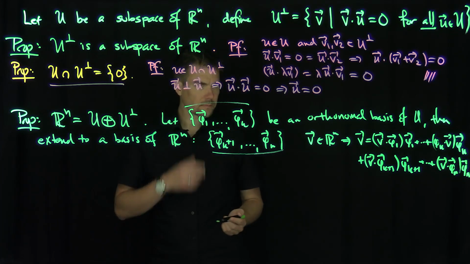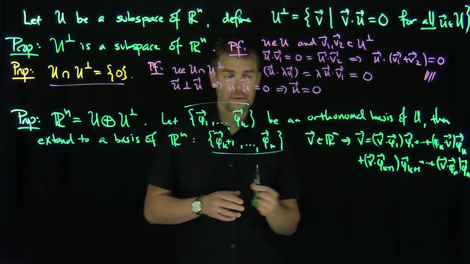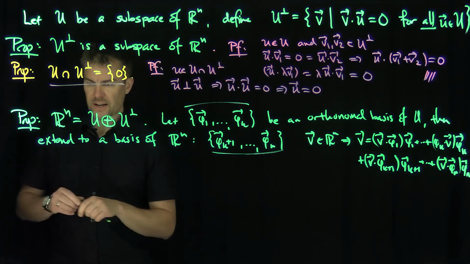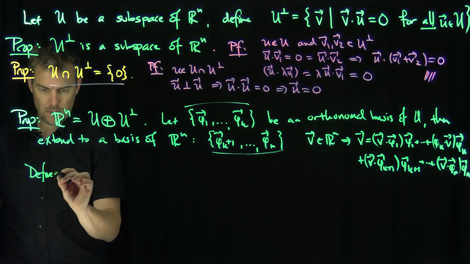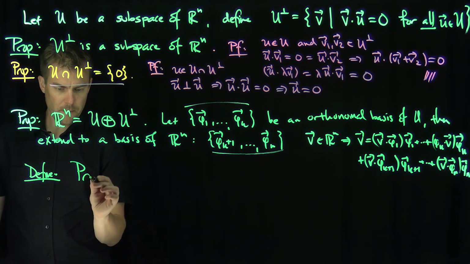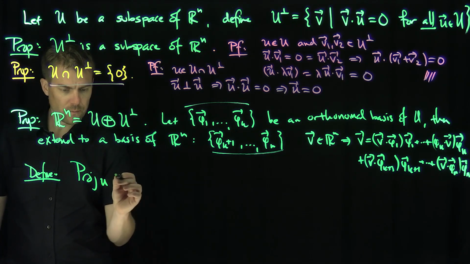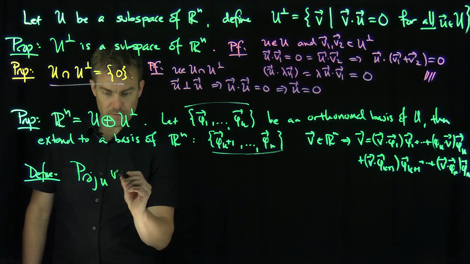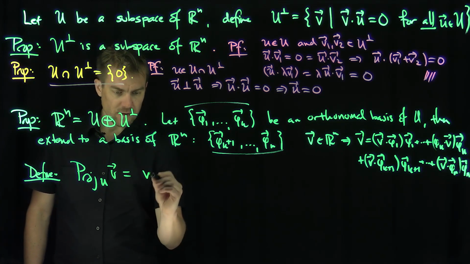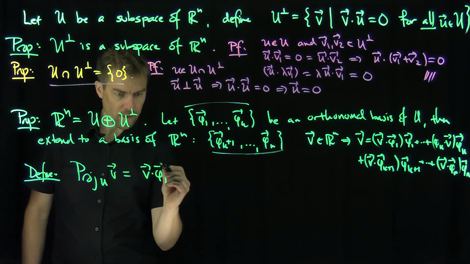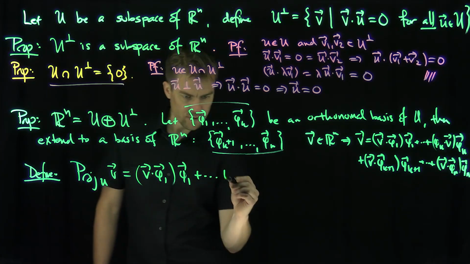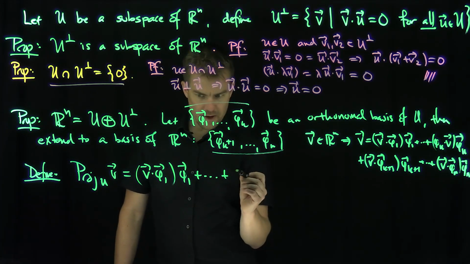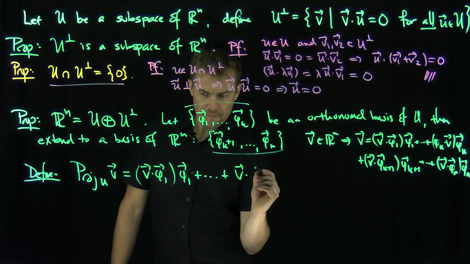Great. And so now I'm in a position to define the orthogonal projection. Define the projection onto the subspace U of a vector V to be V dot phi 1 phi 1 plus all the way down to V dot phi k phi k.